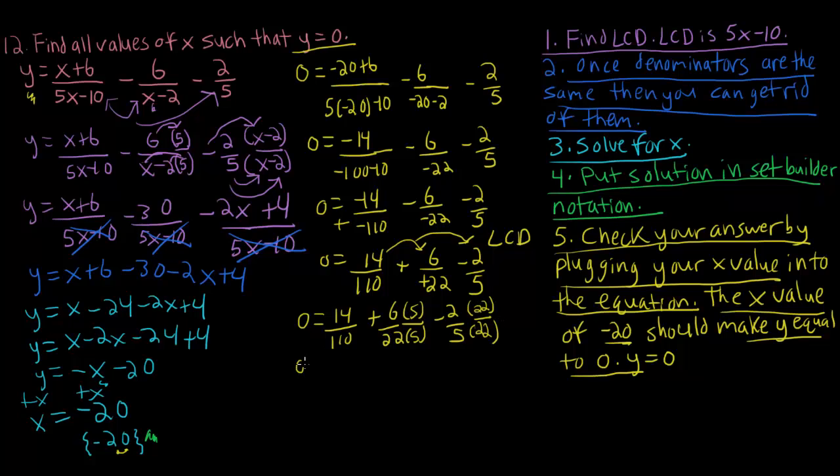So we end up with 0 equals 14 over 110 plus 30 over 110 minus 2 times 22, which is negative 44 over 110.